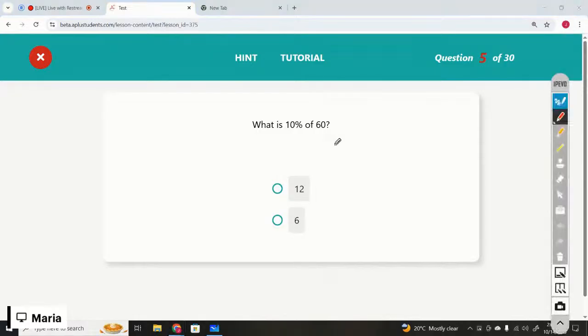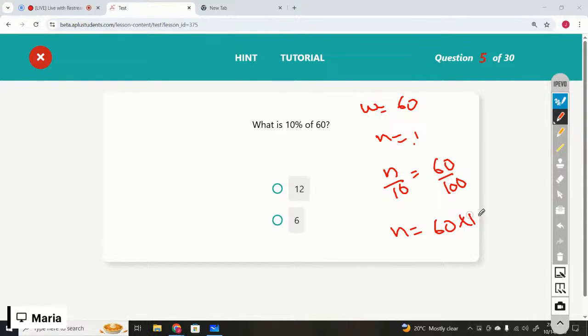10% of 60. The whole number is 60. That is n over 60 equals 10 over 100. N equals 60 times 10 over 100.